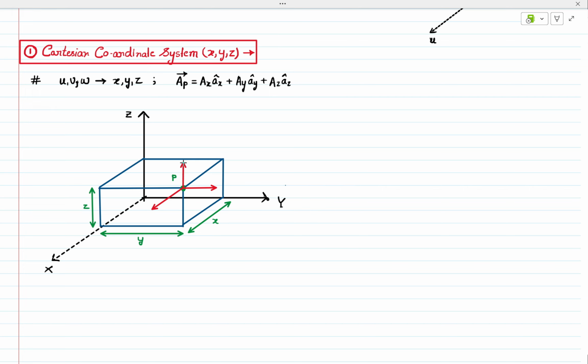These are the three directions, the same as the direction of x, y, and z, because the point is positioned in the xyz three-dimensional vector space. So as it is a vector, it must have three directions along x, y, and z. The direction towards x is denoted by ax, the unit vector of x, because you know that a unit vector gives you the direction.